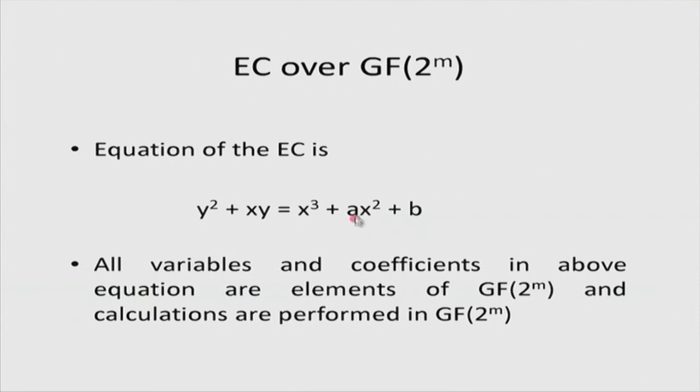As usual, all of these coefficients and the coordinates of the point x and y are elements of this particular field. This stands for Galois field. The number of elements over here is 2 raised to m, always a power of 2. As I explained some lectures ago, you can represent these elements as binary strings of length m.